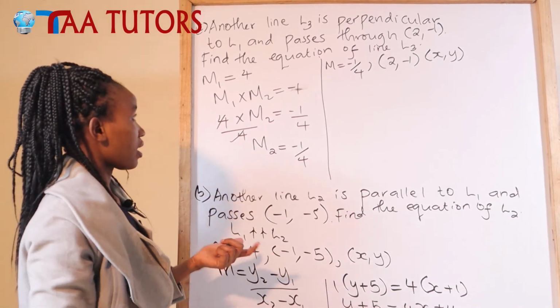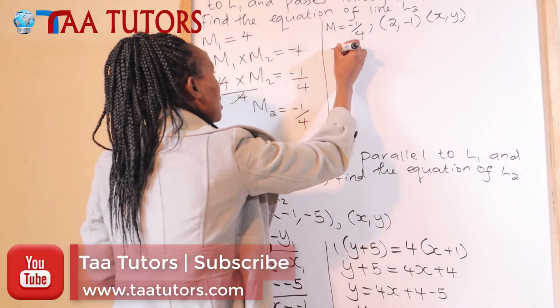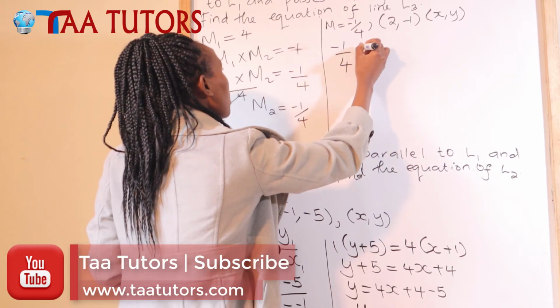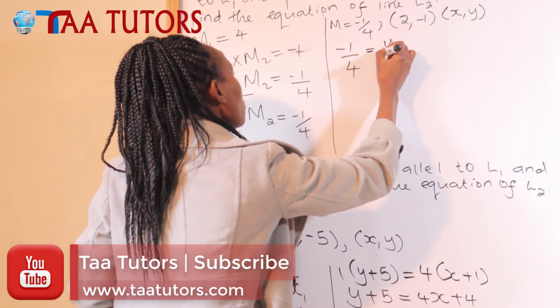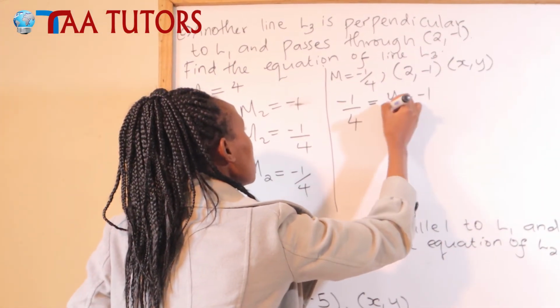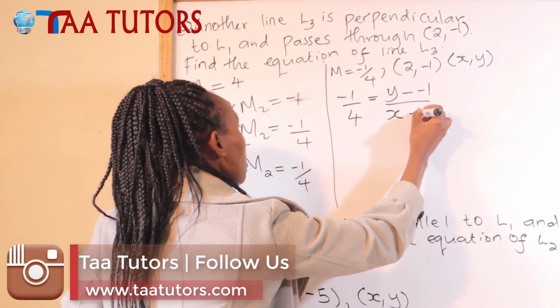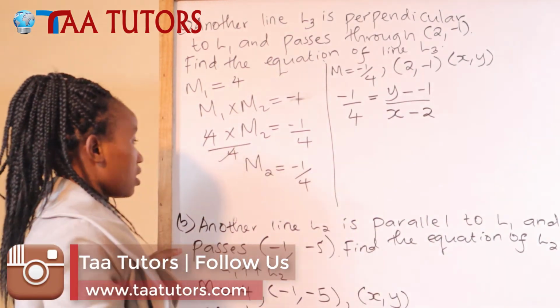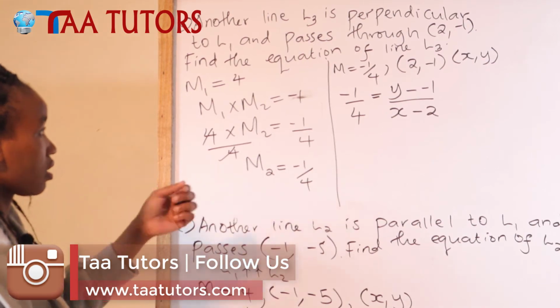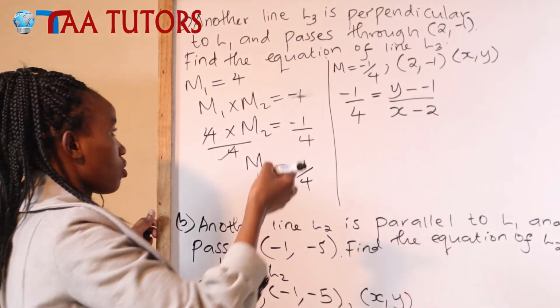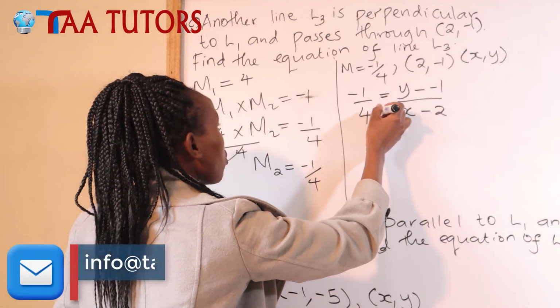So I'm just going to write straight away. Our M is -1 over 4 equals y minus -1 over x minus 2. So from here we can cross multiply.